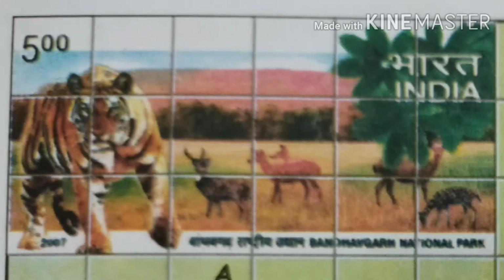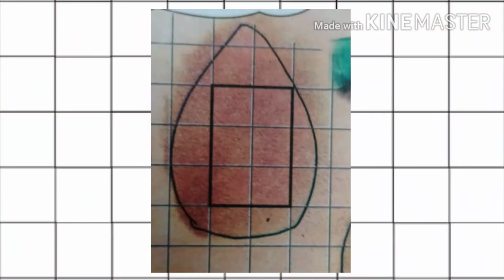Now we are going to know the area of an irregular figure. It means the figure which is not in the shape of square or rectangle. For finding area of an irregular figure with the help of graph paper, there is the same method like a regular figure.